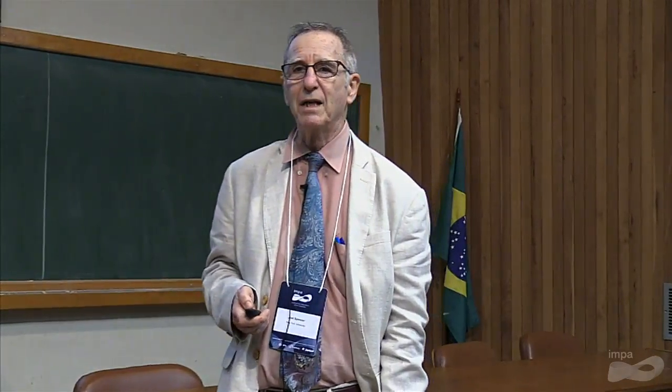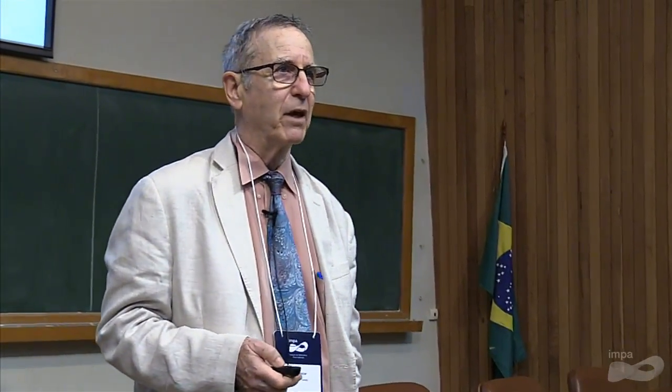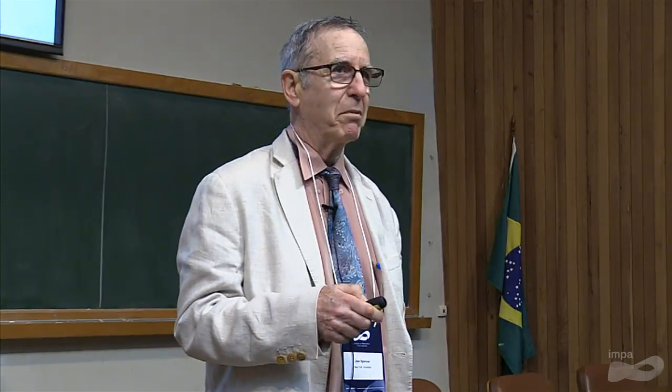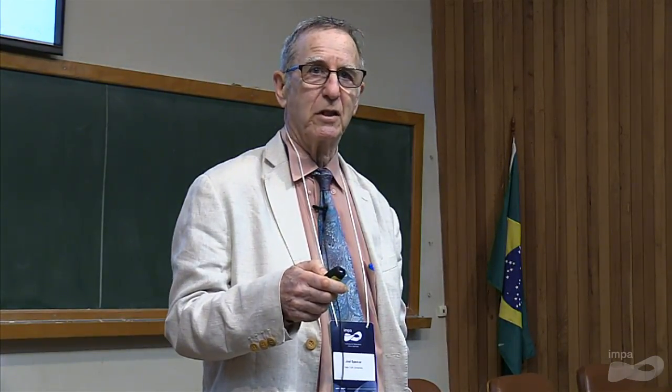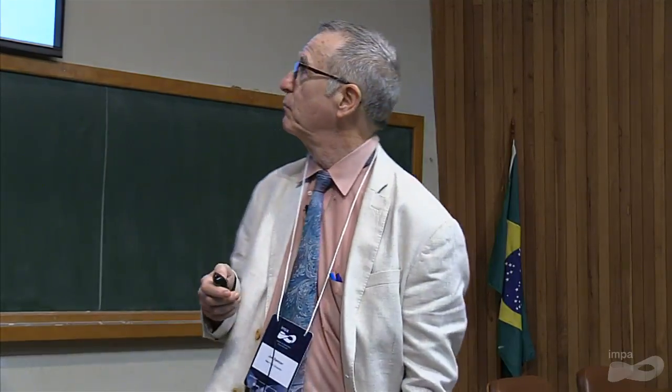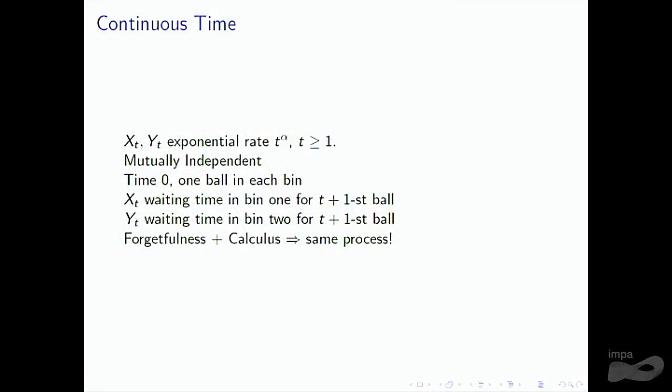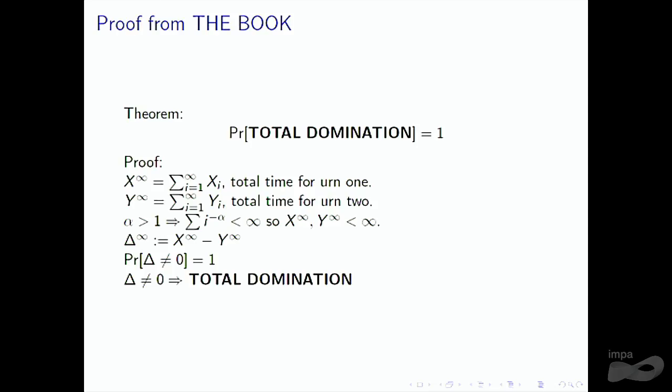And if you have two exponential distributions of rates kappa and lambda, the probability that the kappa comes first is kappa over kappa plus lambda. Furthermore, we have the forgetfulness property. And so what happens is this is the same process. It's not asymptotically the same. It's precisely the same. The discrete process is simply a discretization of this continuous time process. So this is extremely powerful.